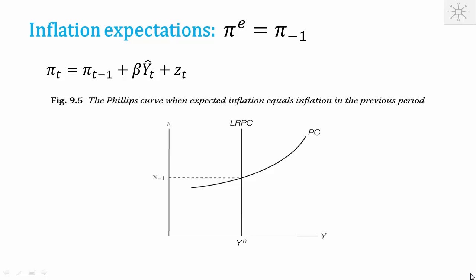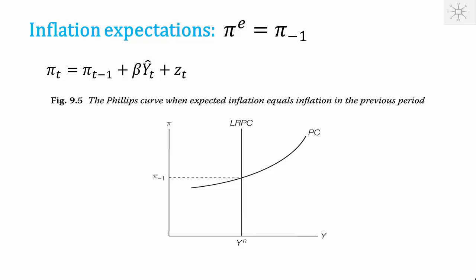And that means that when we draw the Phillips curve in this diagram with inflation here and output here, then if production is on its natural level, then inflation will be the same as last year. And of course, this means that the Phillips curve will move up and down depending on what inflation was in the previous year. And what are the consequences of that?